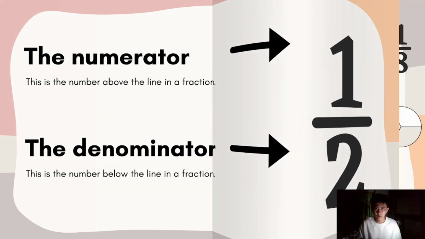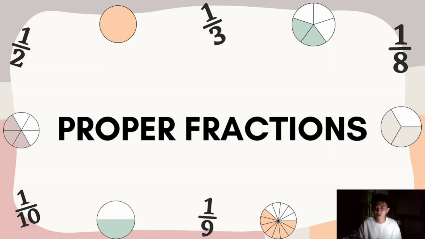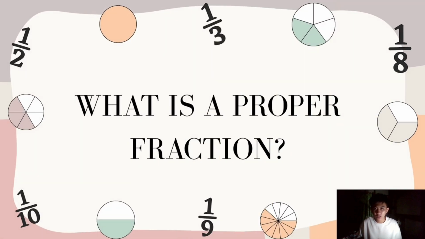Next is proper fractions. So what is a proper fraction? A proper fraction is a fraction where the numerator is less than the denominator. In simpler terms, it represents a number that is less than 1.